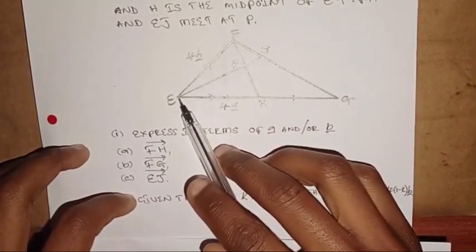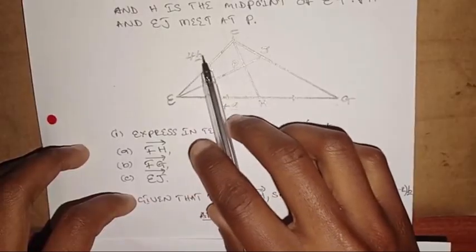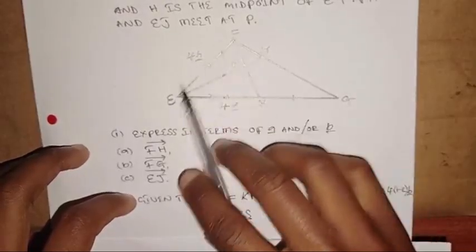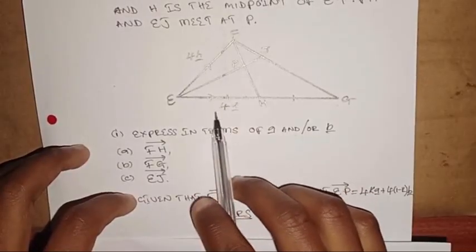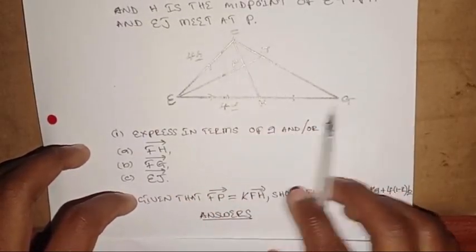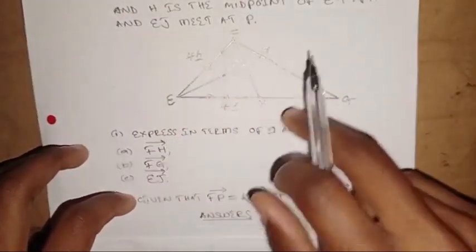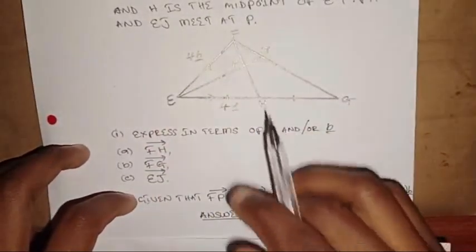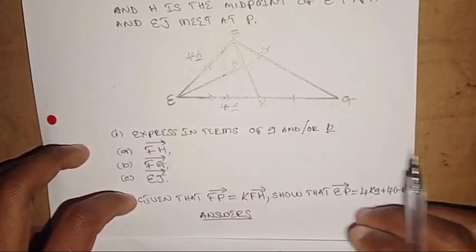So FE, the reason why we have chosen FE is because we have already been given a value here. As you can see, we have a value for this length, and EH has also been given a value. We cannot use this other length. To simplify things, we need to use this path so that we can find the value.